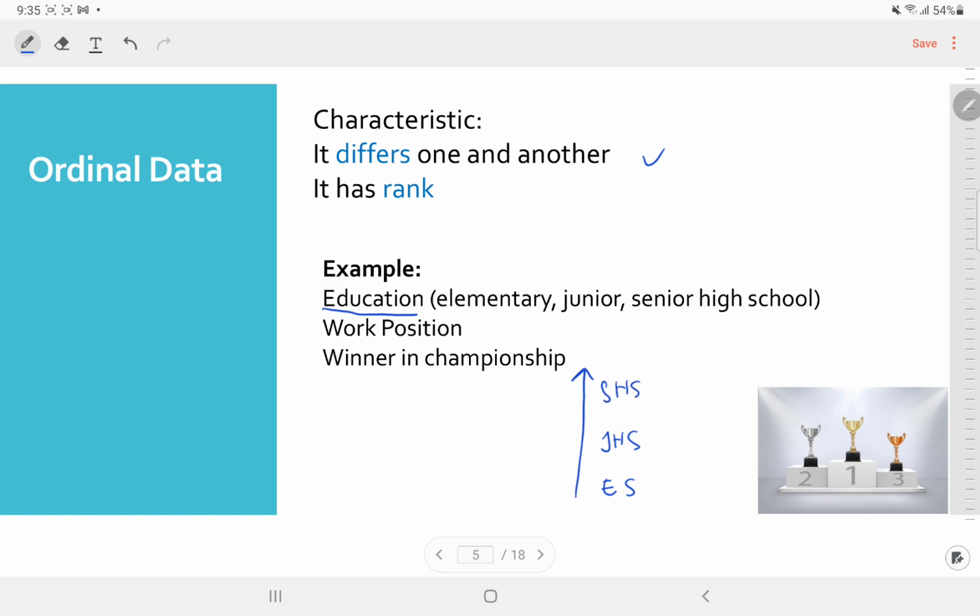So it has a rank. It also works for work positions. And the winner in championships. Winner, the first winner, second winner, and the third winner. And please find other examples of these ordinal data.